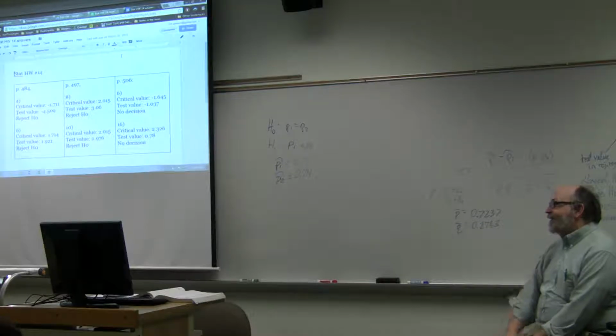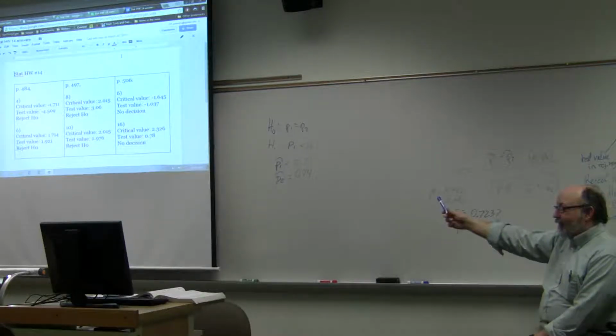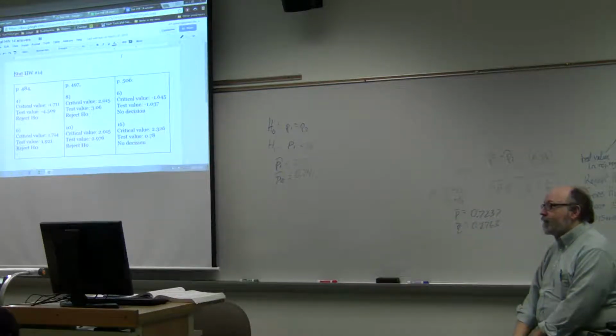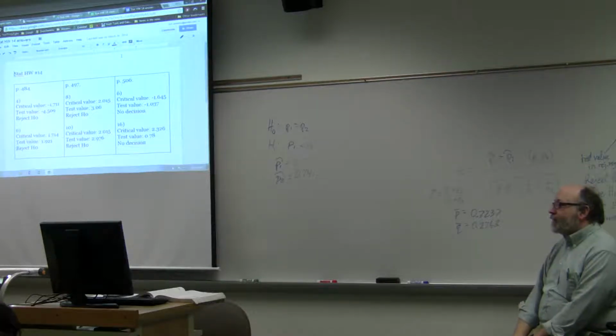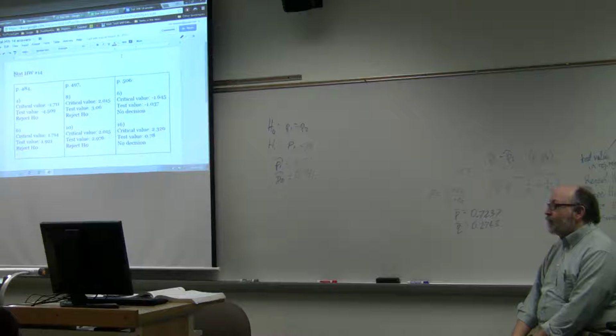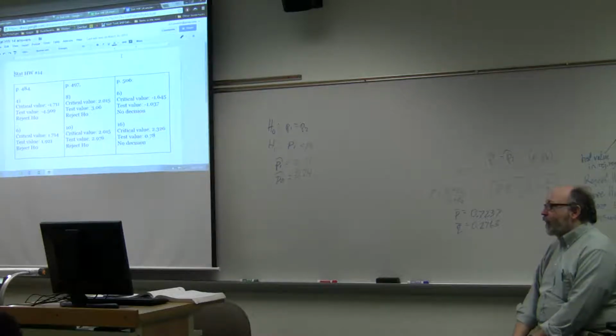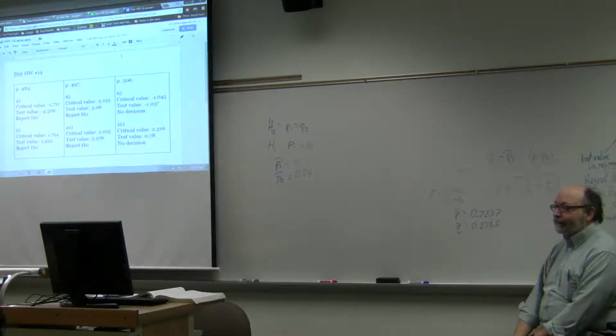So what we would say is with 99% confidence, there is not evidence to prove that the population proportion of on-time arrivals for airline A is less than airline B.